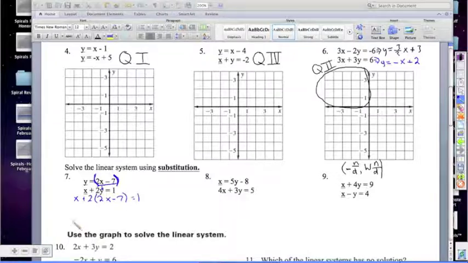equals 1. We solve this equation by distribute, regroup, eliminate, add, subtract, multiply, divide. If you distribute, you'll have 4x minus 14. I'm going to go ahead and combine 4x with 1x to make 5x minus 14 to equal 1.